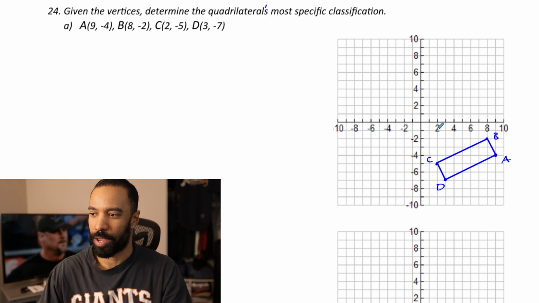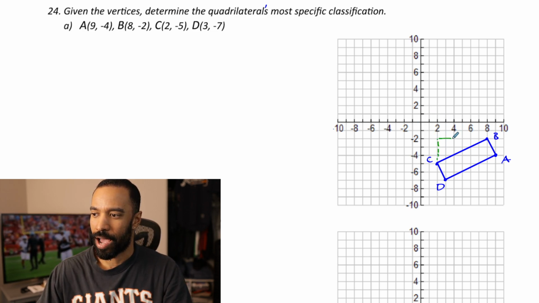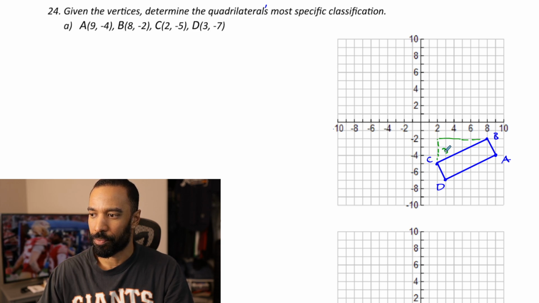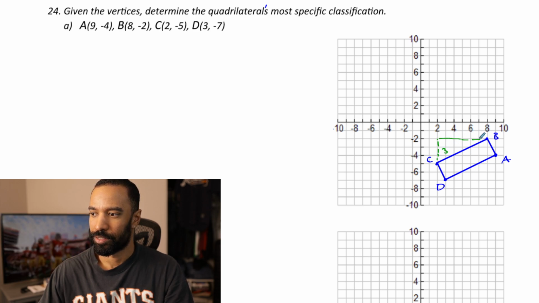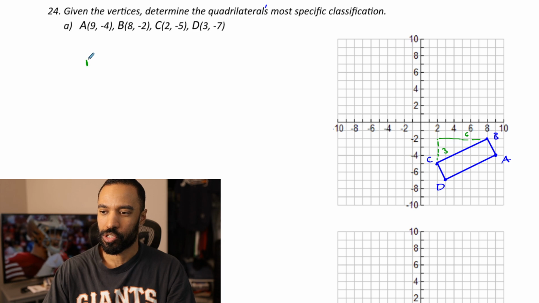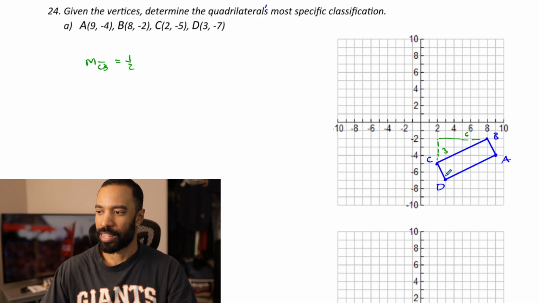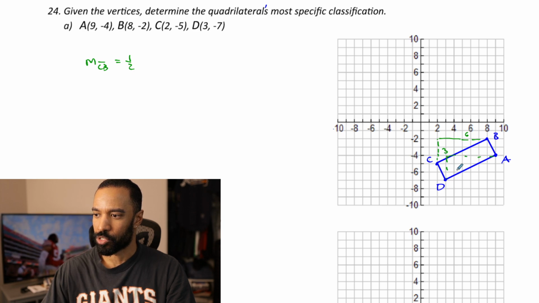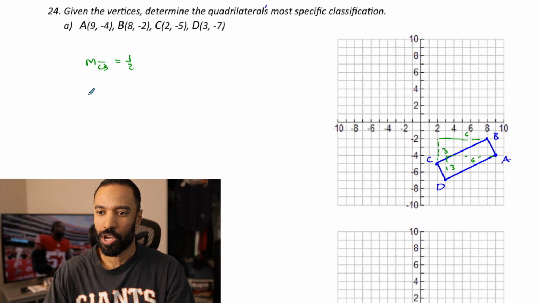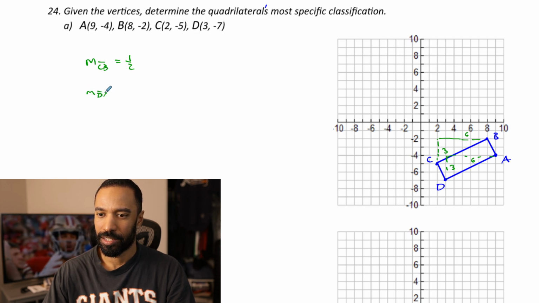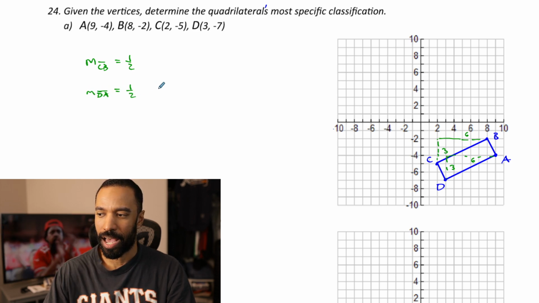As far as parallelogram goes, this has a rise from C to B of 3 and a run of 6. So the slope of segment CB is 1/2. And then from D to A, we can also confirm that it's a rise of 3 and a run of 6. So the slope of DA is also 1/2.